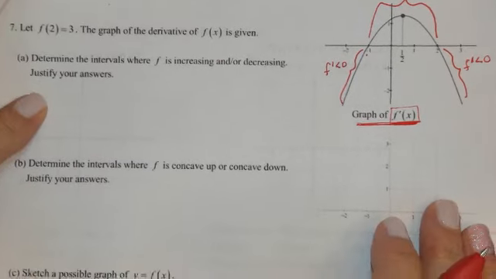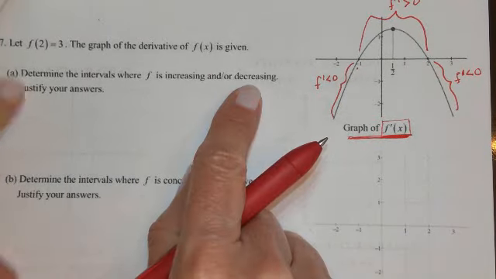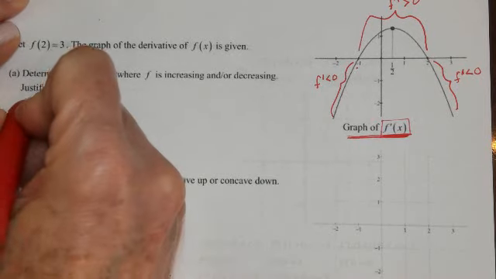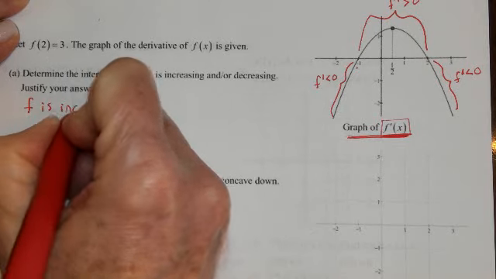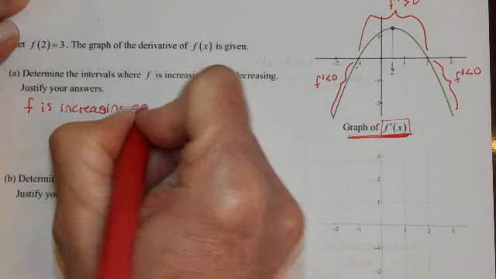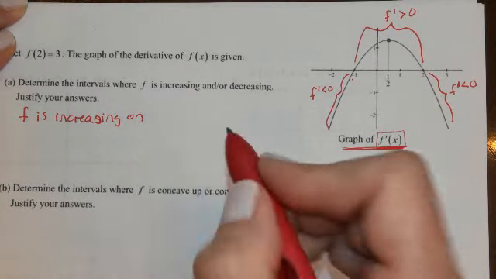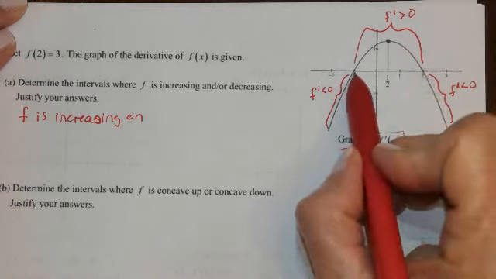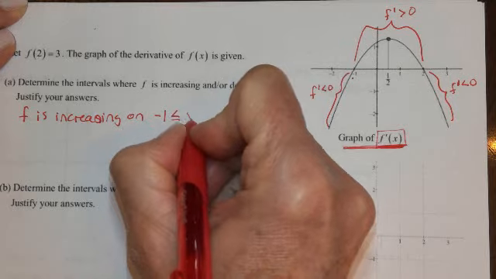So in part A, when they say to determine the intervals where f is increasing or f is decreasing, and we have to justify our answers, I'm going to say f is increasing on the intervals. So where is f increasing? F is increasing when f prime is positive. Well, f prime is positive from -1 to 2. So -1 to 2.